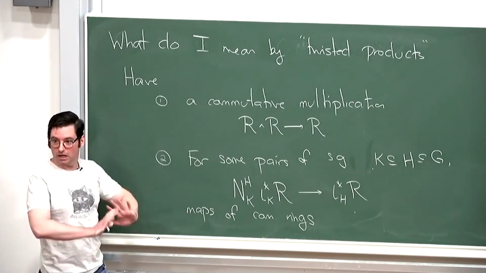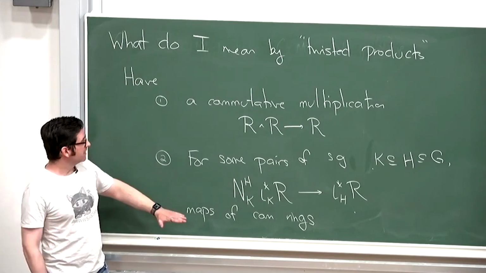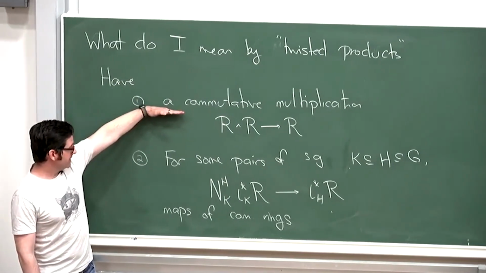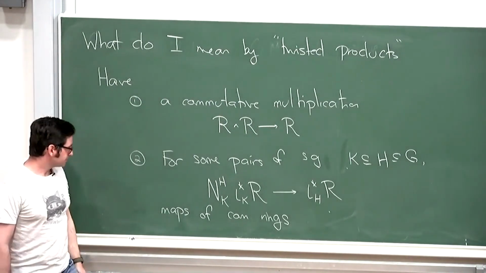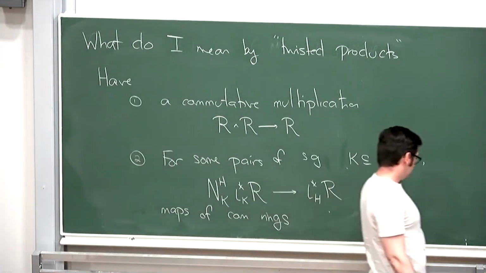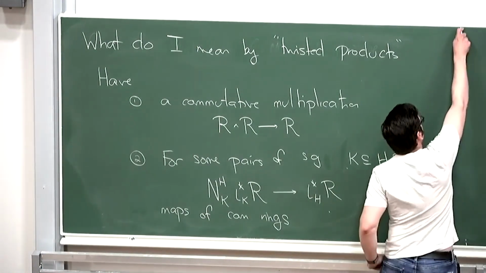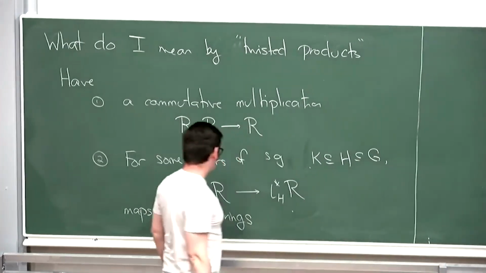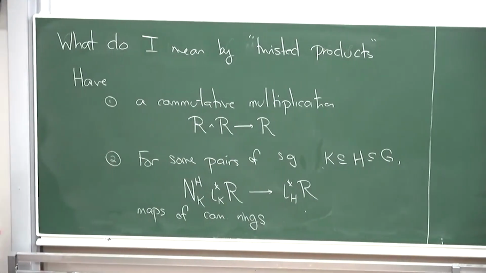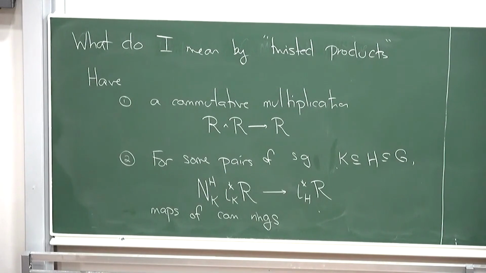So it's just an ordinary combinatorial E-infinity multiplication, and that's what I have here, and then I ask that I have these. And having this kind of structure puts in a lot of compatibility conditions.